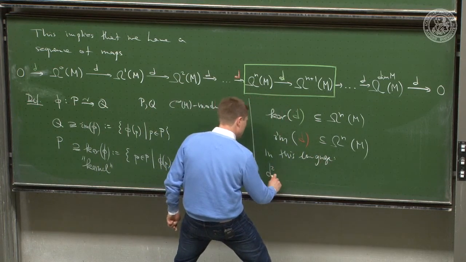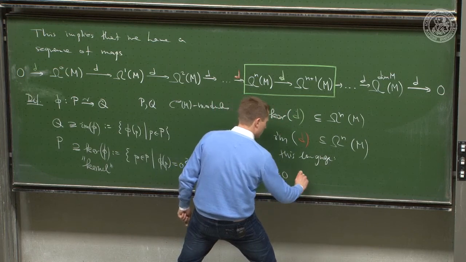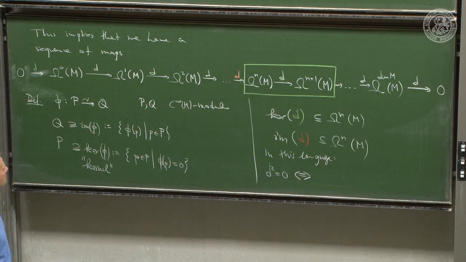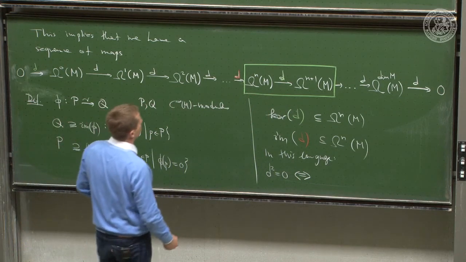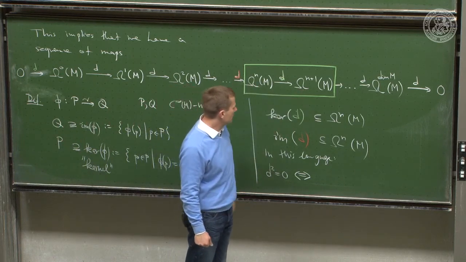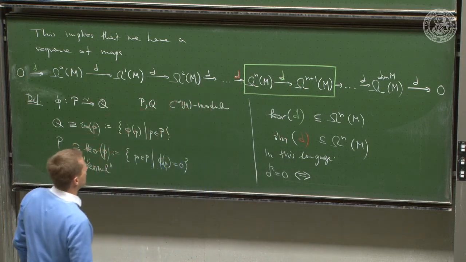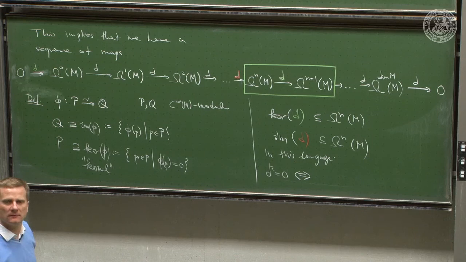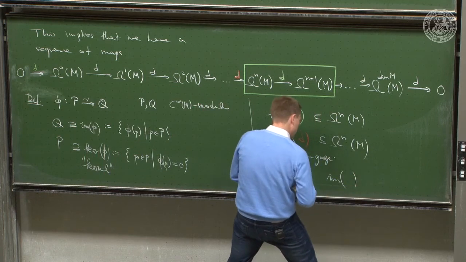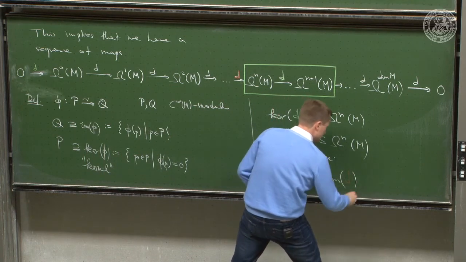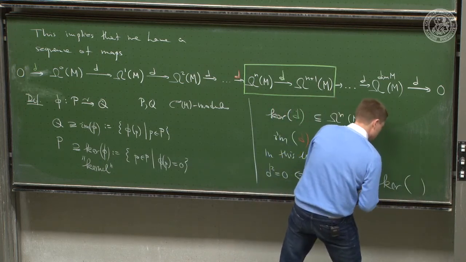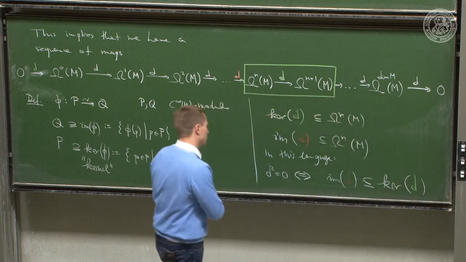And so what does it mean, in this language, that we have D after D equals 0? What does this translate to? Well, the first D takes you here, the second D takes you to 0. That means the image lies in the kernel, right? So that means that the image of the red D is a subset of the kernel of the green D. Okay?